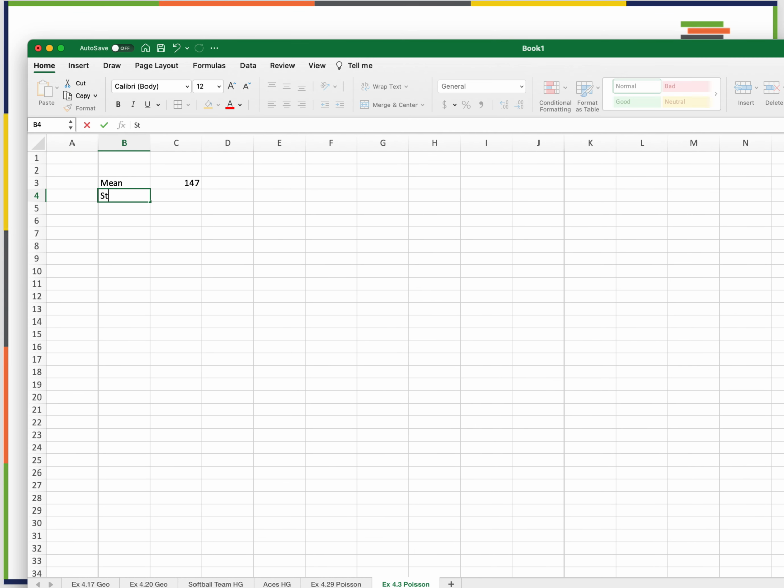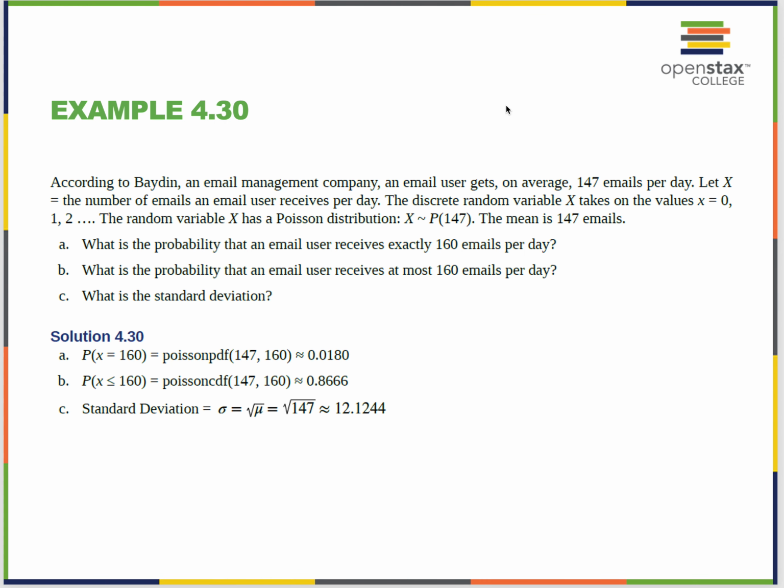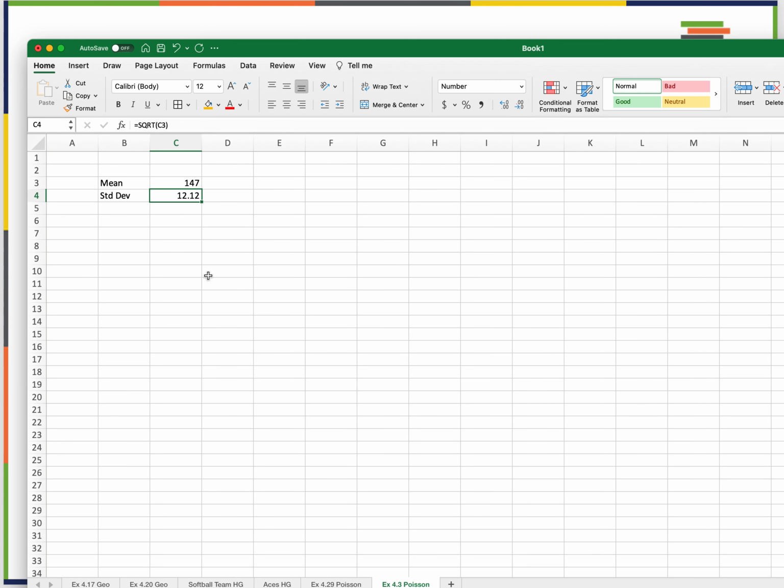We already know the standard deviation, I can calculate it right away, is going to be equal to SQRT, which stands for square root, of that 147, and I get 12.12. And what these guys, they got 12.1244.